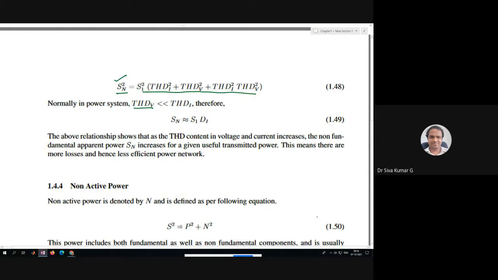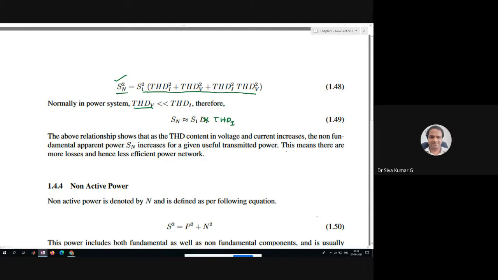In that case, Sn is equal to, it should be of THD in current. With this equation also, we can see that the non-useful power increases with respect to the THD in current and THD in voltage also.